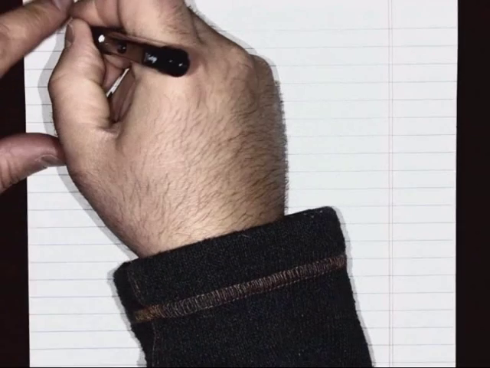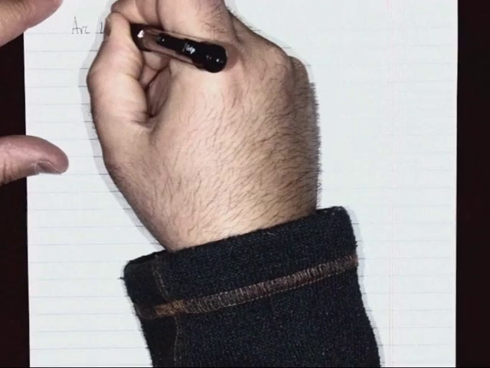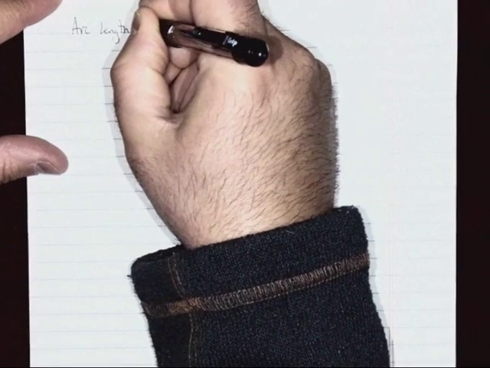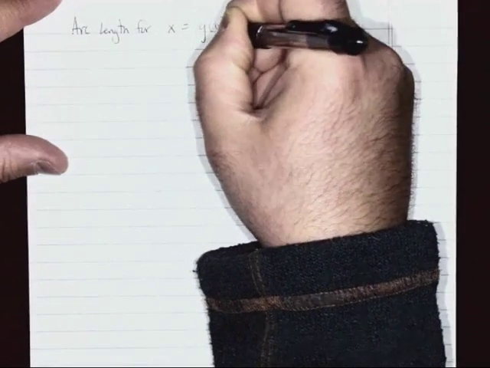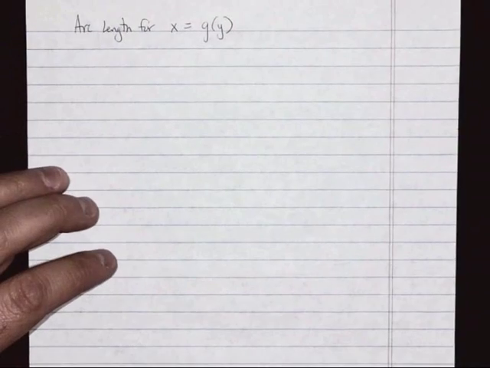All right. So as with a theme here for our other sections, once we figure out how to integrate in regards to x, now we're doing it in regards to y. So here's our arc length for x equals g of y.